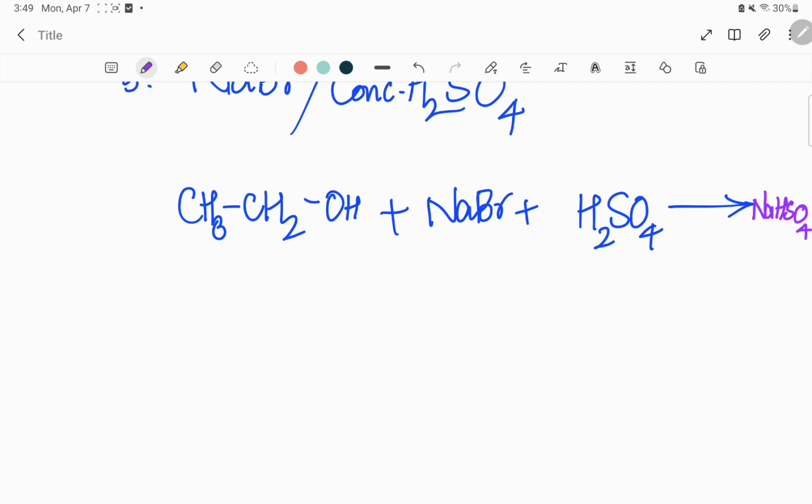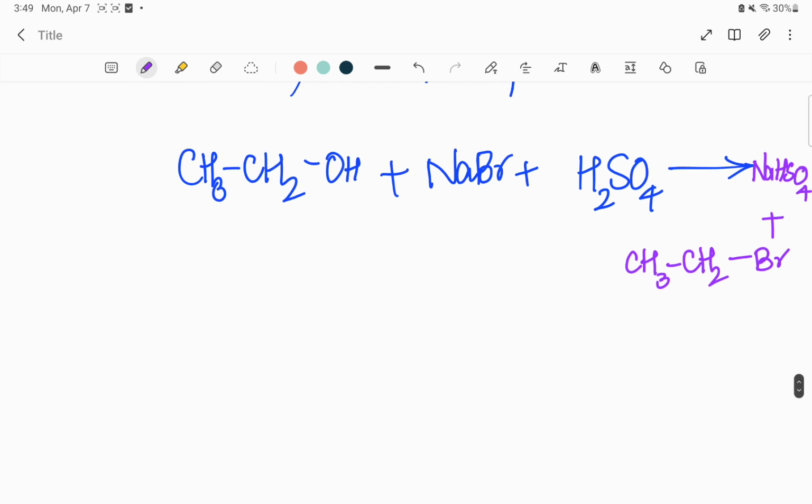So this is one of the products which will be produced. Then you can also see that bromoalkane will be produced. So in this case, since we're taking ethanol, you will be getting bromoethane as the product, and this is the main product that we want to get. And then the other byproduct that will be formed is H2O.